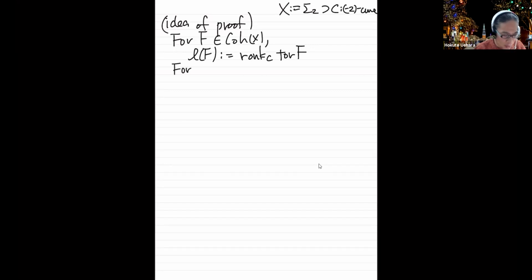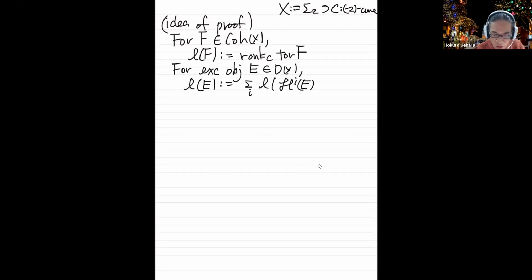And for an exceptional object E in E(X), I define l(E) to be the summation of the length of the i-th cohomology of E. And this is greater than or equal to 0.